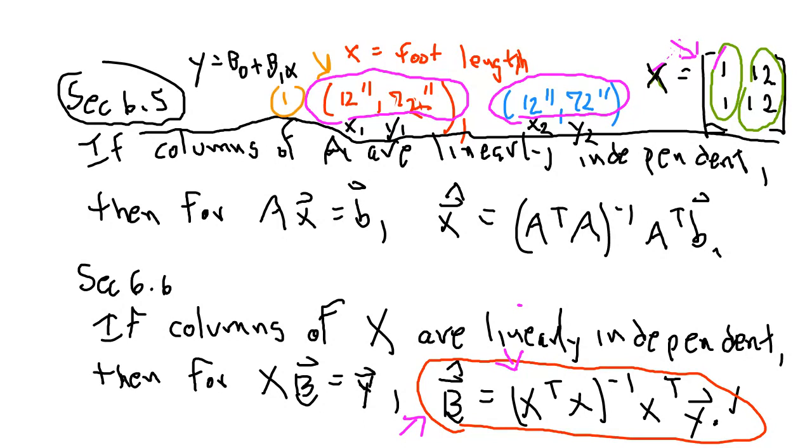Person number 1 had a foot size 12 inches long and 72 inches. Person number 2 also. Mikhail says, yes, that's redundant. So you see, you're not really inputting new information in the model when you pick two people that have the same characteristics, so to speak.